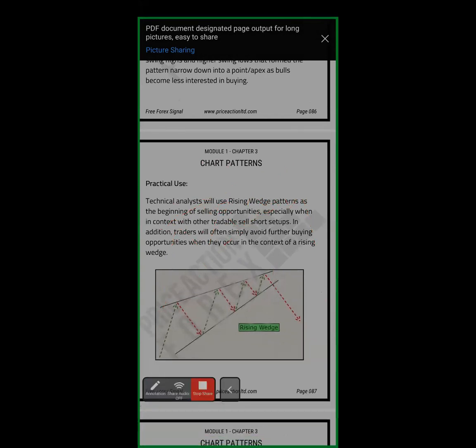They said technical analysts will use the rising wedge pattern as the beginning of a selling opportunity, especially when in context with other tradable sell short setups. What they're trying to say is that technical analysts will use the rising wedge pattern as the beginning of selling opportunities when they start seeing other bearish patterns.